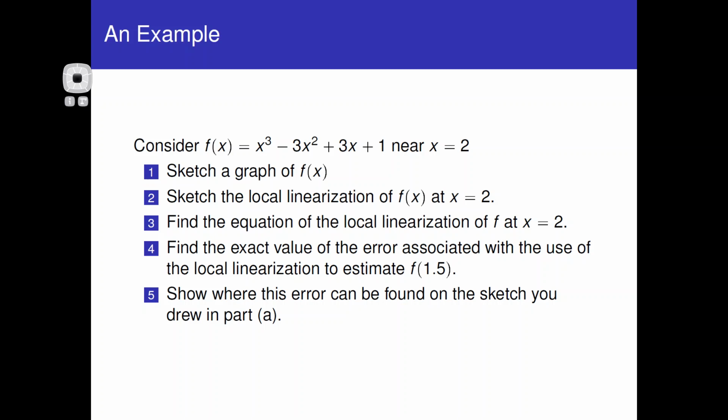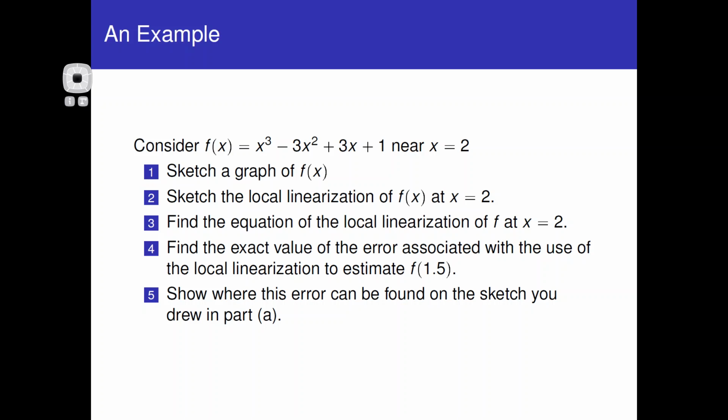Sketch a graph, sketch the local linearization of f of x at x equals 2, find the equation of the local linearization of f at x equals 2, and then find the exact value of the error associated with the use of the local linearization to estimate f of 1.5. So we're going to be a half a unit away from where the linearization is tangent. And then show where this error can be found on the sketch you drew in part A.